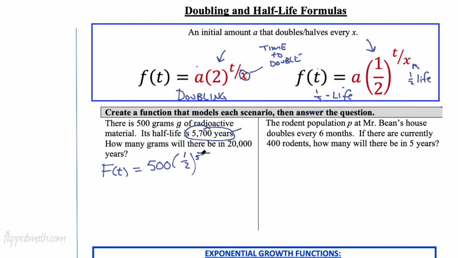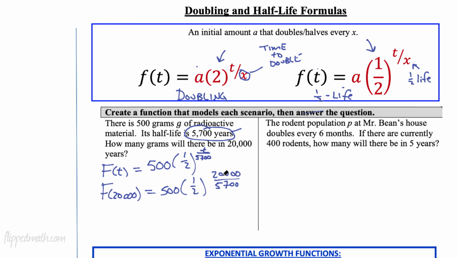So we're going to write that, 5,700. And they want to know how many grams will there be in 20,000 years. So we're going to find f of 20,000. That's going to equal 500, 1/2 to the 20,000 over 5,700.